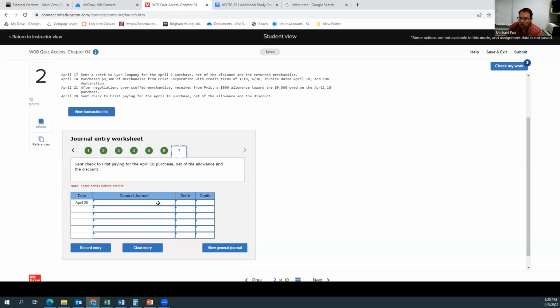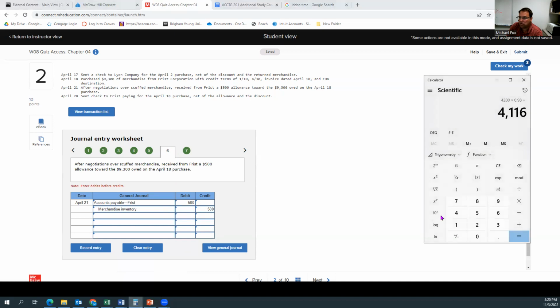So again, we know that we want our accounts payable to Frist to go down by the whole amount we owe them. If you remember, we originally credited that account 9,300. That's the amount we owed. And here we debited that account 500. So 9,300 minus 500 means we still owe them $8,800.